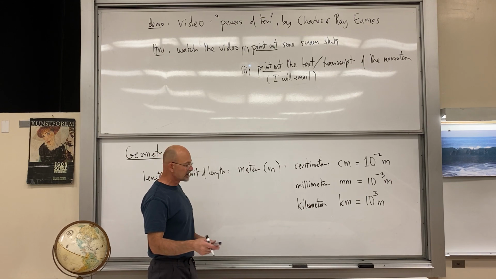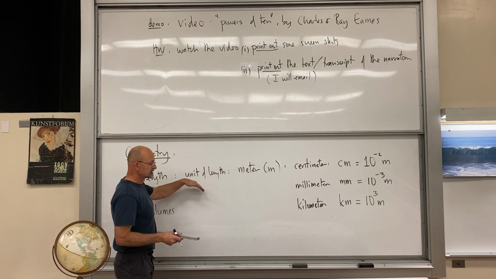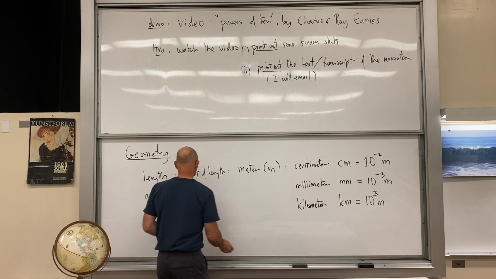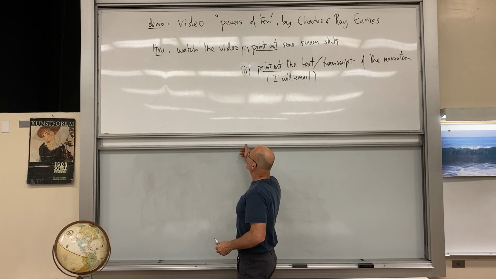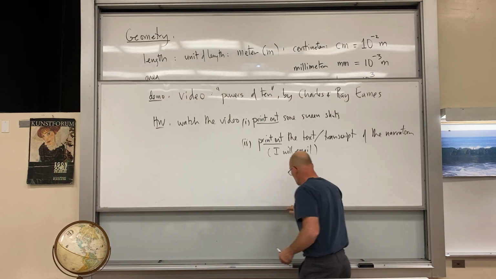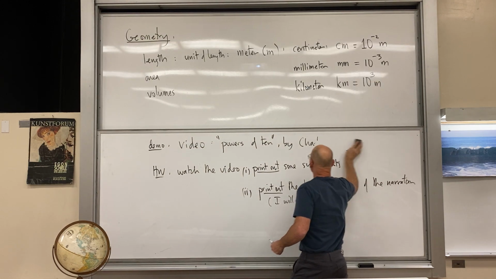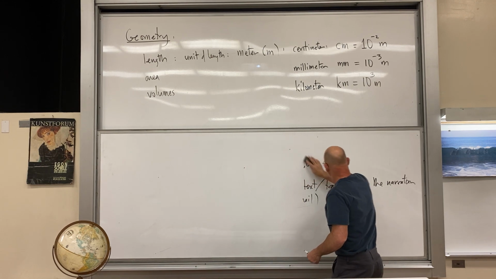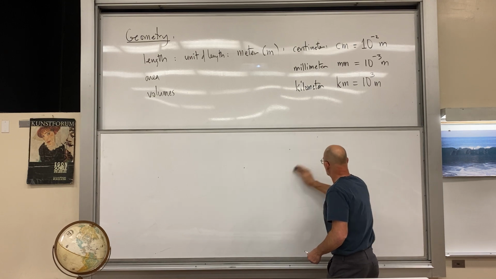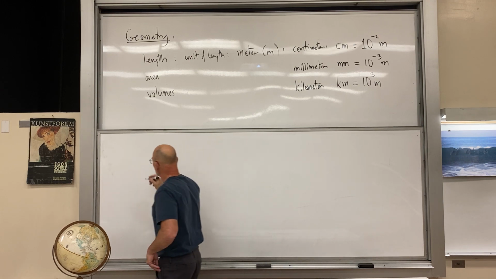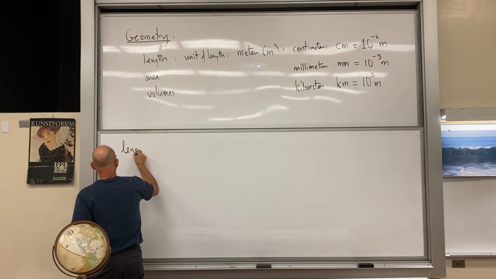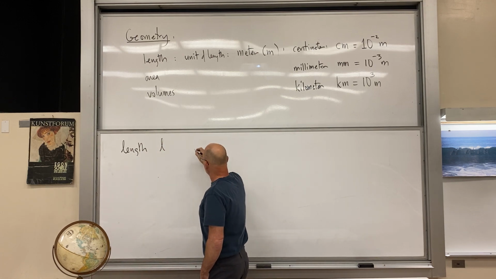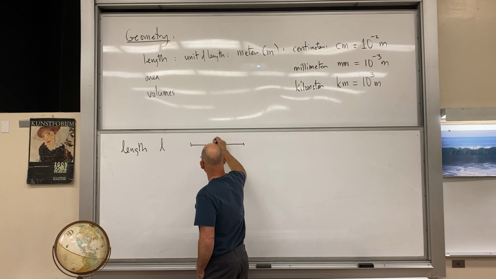Okay, so there's our unit of length, but otherwise we can always just write down some letter for a unit of length, A, B, C, D, and so forth. So yeah, let's talk about that a bit. Our metric system. Length, I'll just use the letter L. And I've marked off some length.